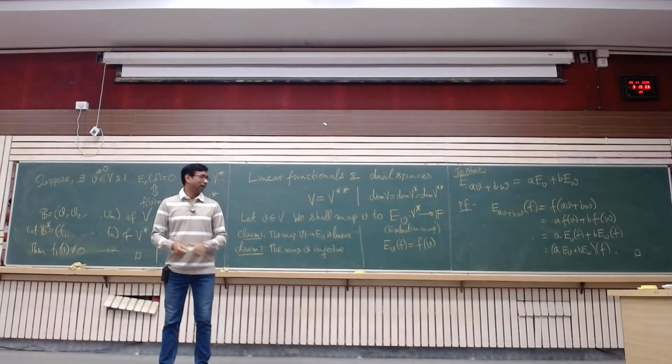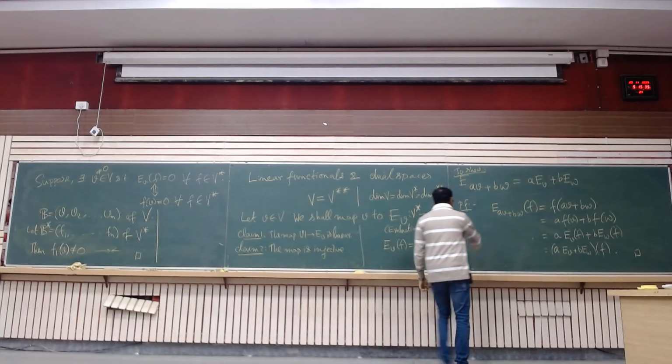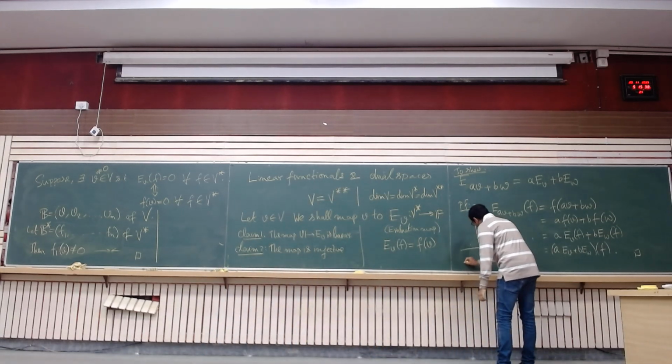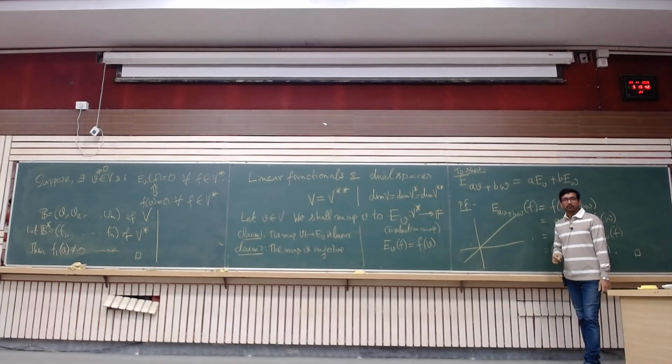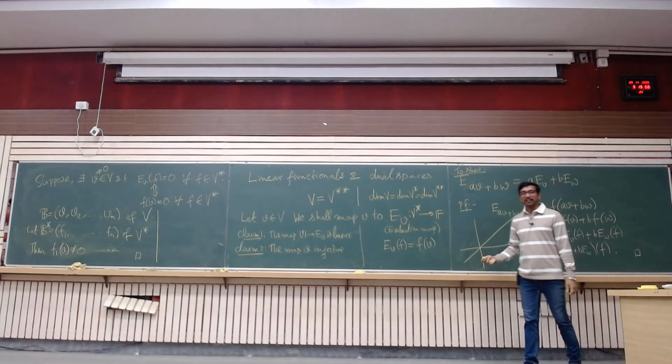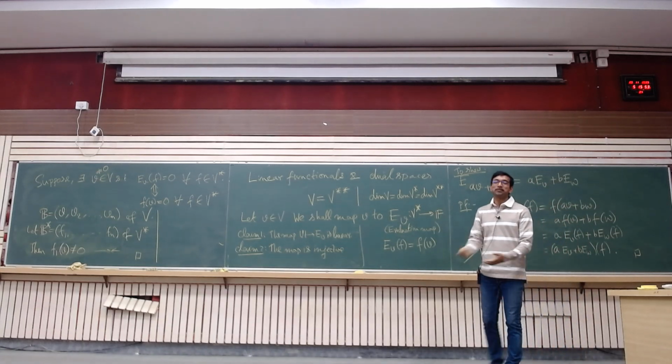Are you sure? You want to say that in R2 you can get two linearly independent vectors on a line? You cannot, right? So how many at most? One. The dimension of the span of a single vector is 1, because every other vector is a linear multiple of this.